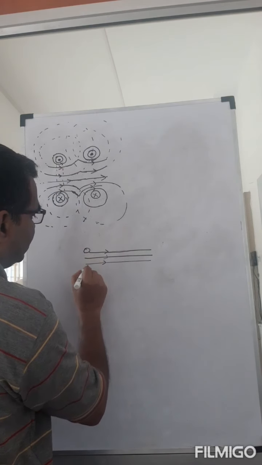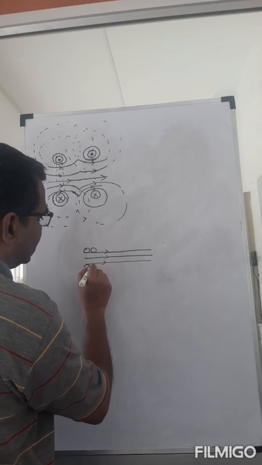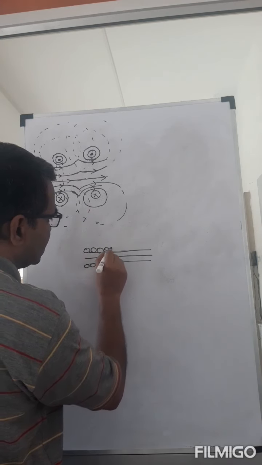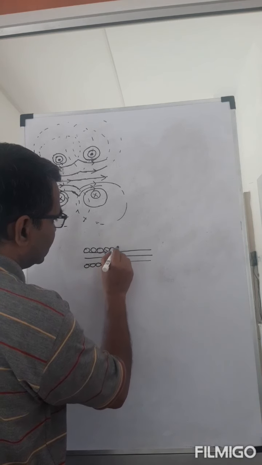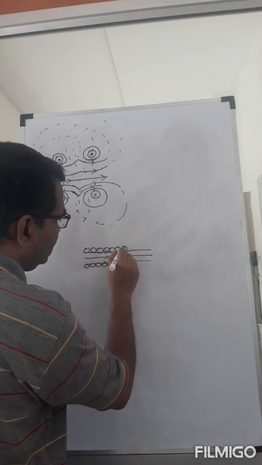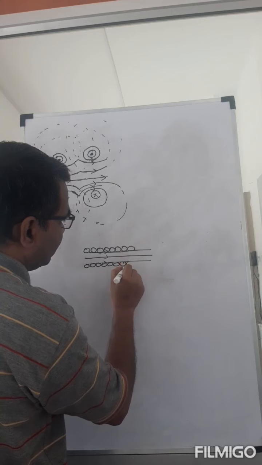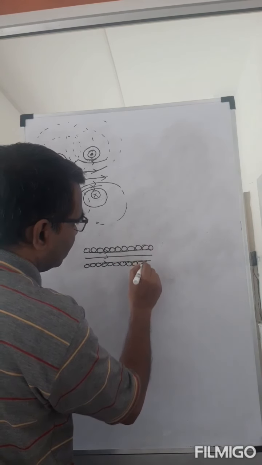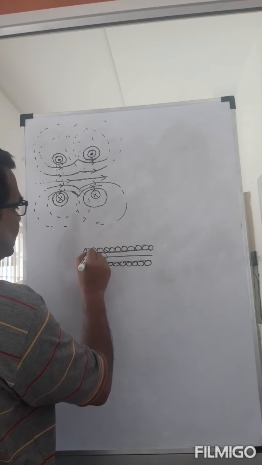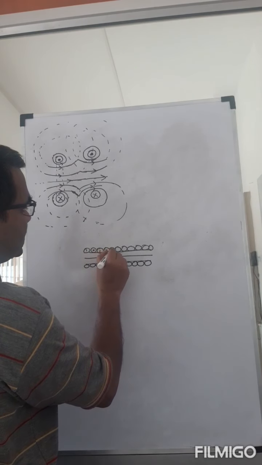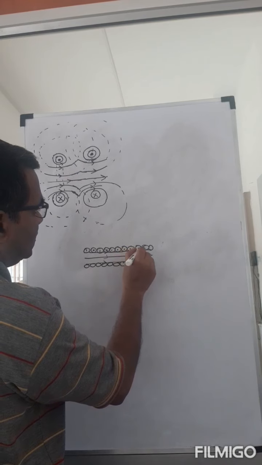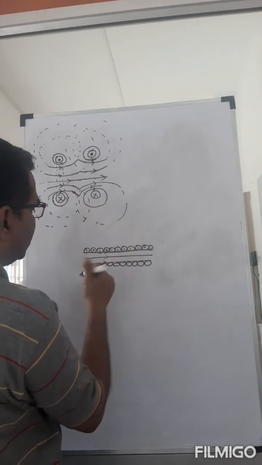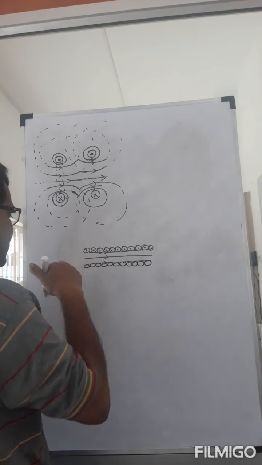Okay, and then you will have conductor here, circle here, circle, very close, very close. So in all this, at the top the current is coming out of the board, and at the bottom current is going into the board.